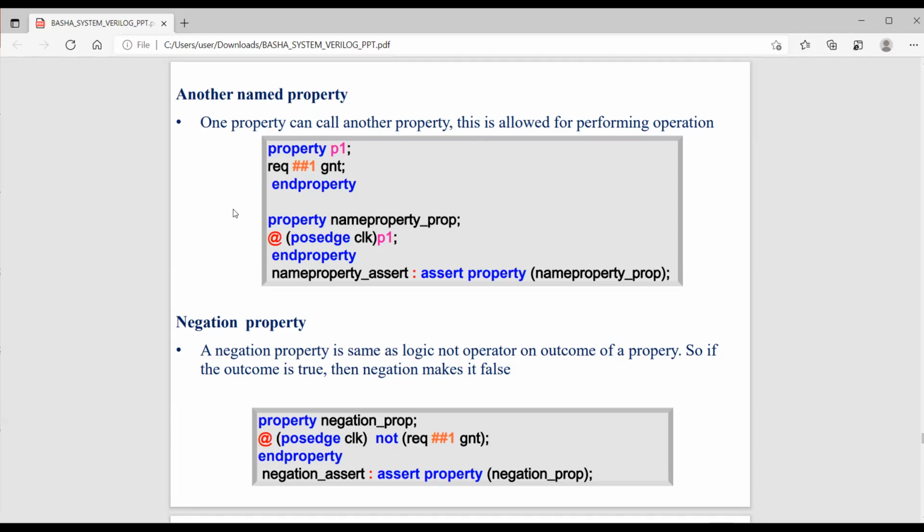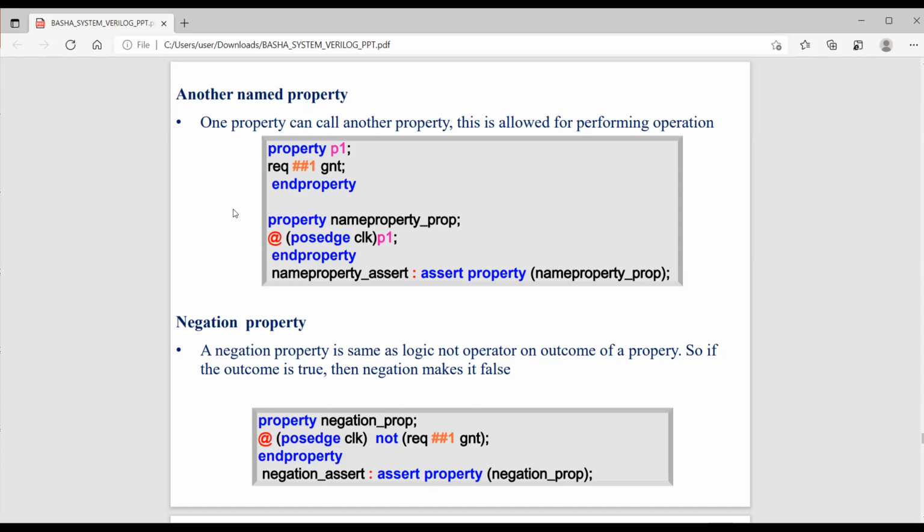Ma'am, practically in which situation will we be using the negation and forbidding property? Practically, let's say you were checking a particular condition, whether it was true. It was true, so it was fine, but you want to check, at the positive edge of a clock, if that condition is false, whether your property is also becoming false or not.